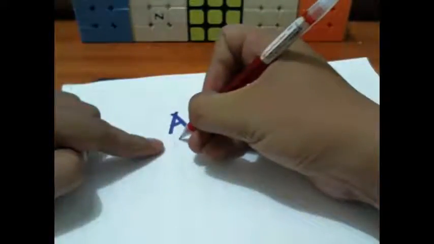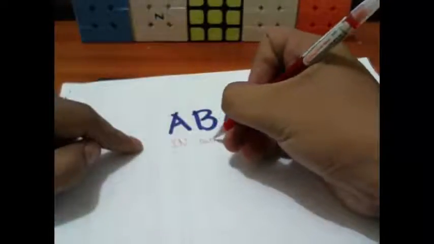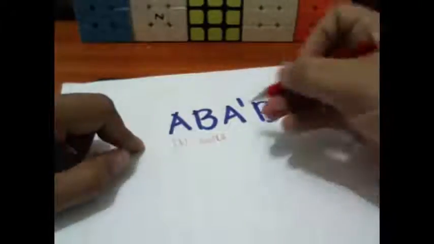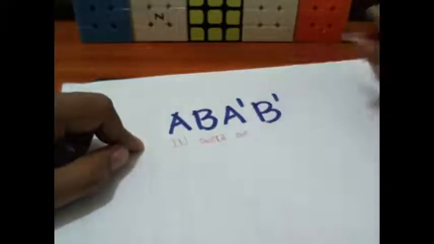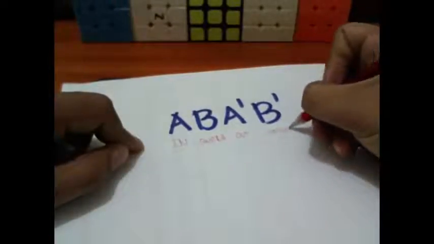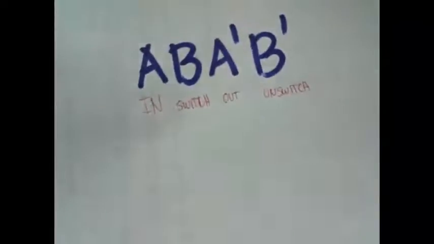Instead of A, we will call it in, and B will be our switch. Of course, the opposite of in is out for our A prime, and B prime will be our unswitch. So I hope that's clear. In, switch, out, unswitch. So I think we're ready for our example.